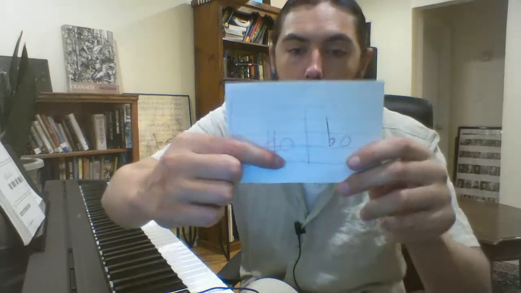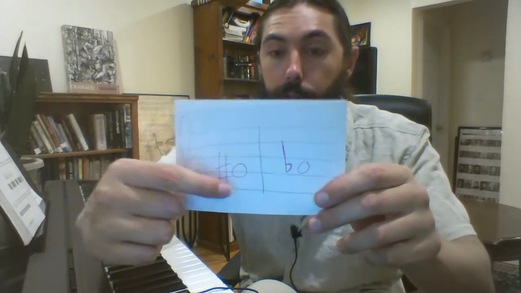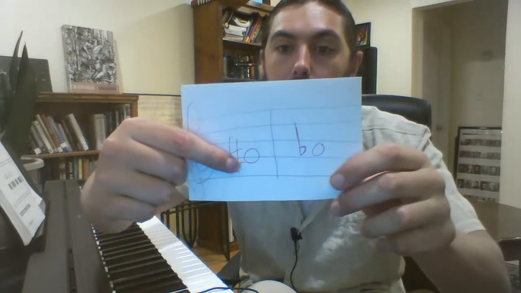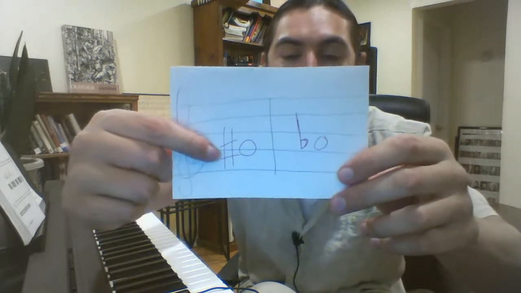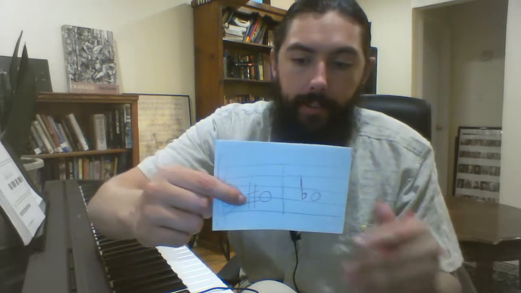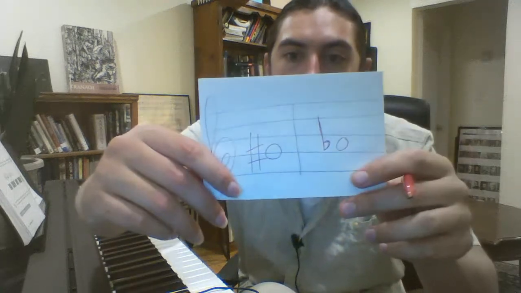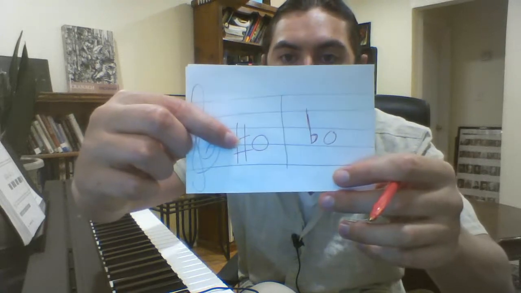Also, when writing sharps, flats, or naturals, we want to write them on the same line or space, depending on if it's a line note or a space note, as the note itself. So, for example, this is a line note, right? Because it's on a line, it's on the second line. And so I'm going to write my sharp sign on the same line as it, right? And that is to say, we can kind of see the shape of a square in the very middle of my sharp sign.